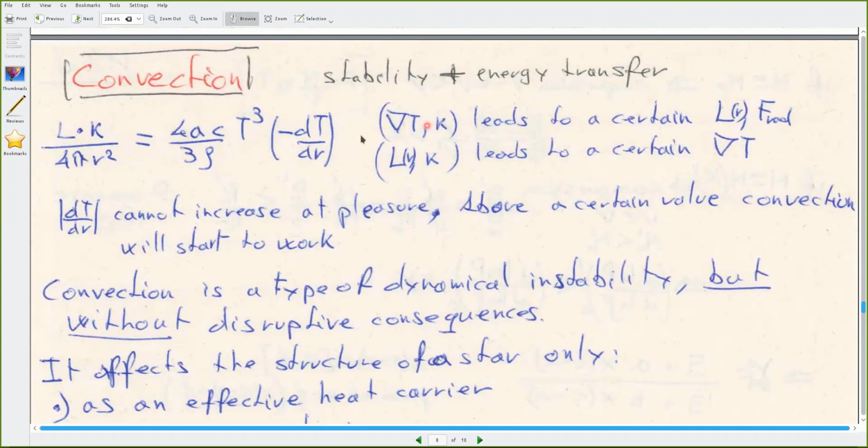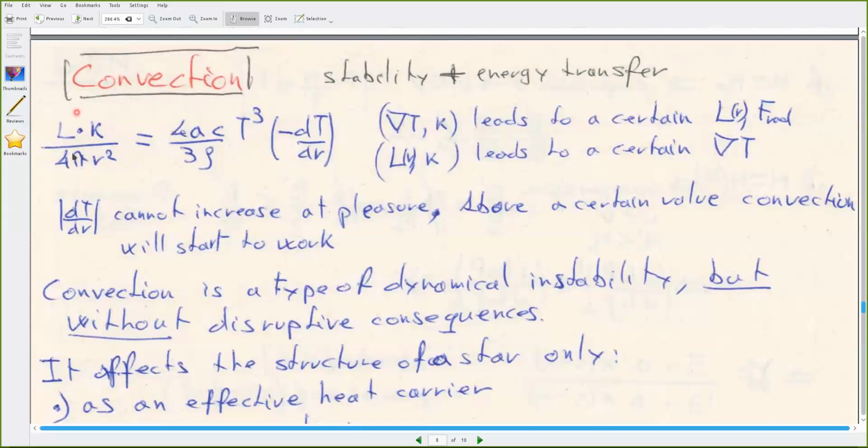Essentially, we can describe the starting point with the classical equation for the luminosity transfer, where the luminosity at a certain radius is multiplied by the opacity divided by the area of the radius.